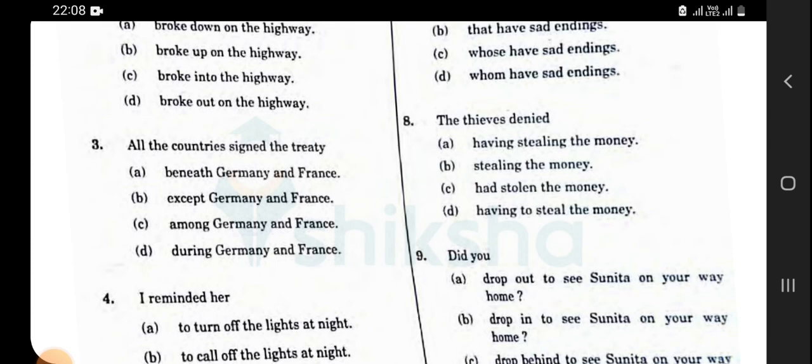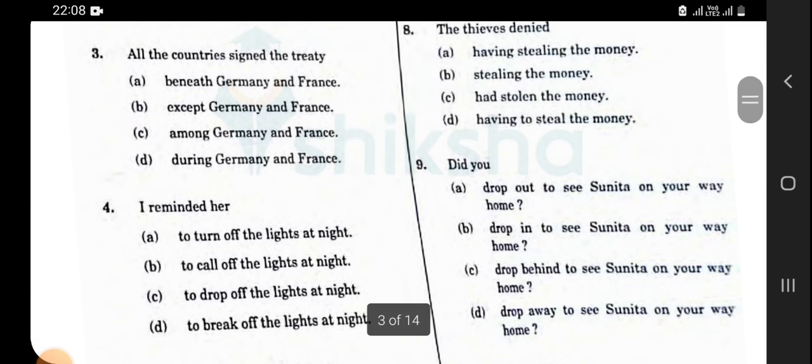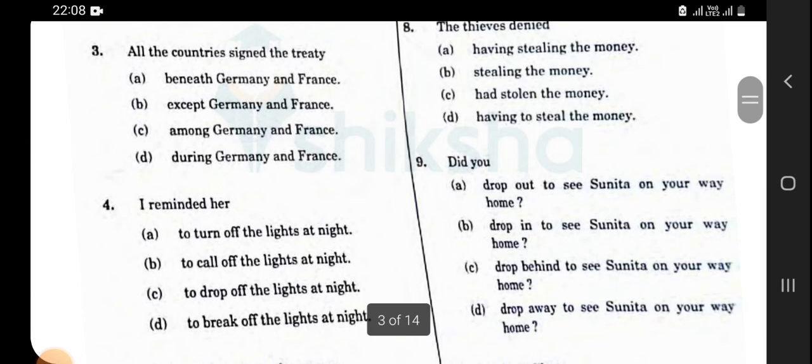So C is going to be omitted by me. Now the fact is that during Germany and France and except Germany and France, obviously all the countries signed the treaty except Germany and France. So the answer is, without any hesitation, B.